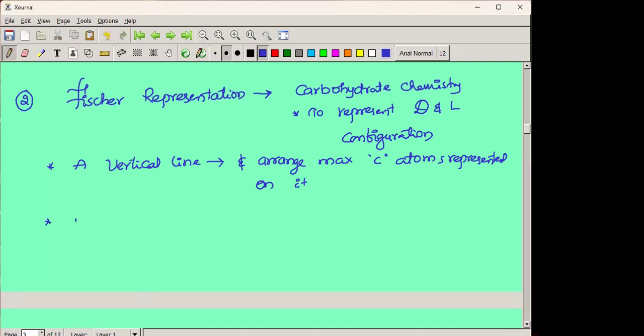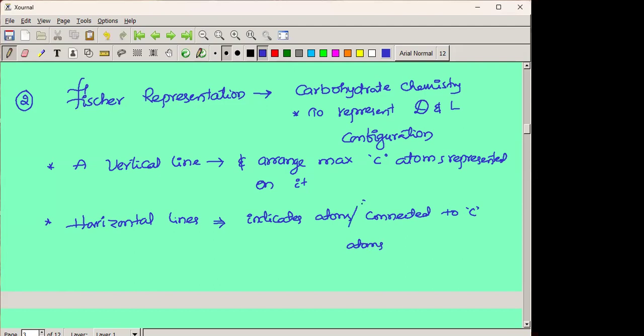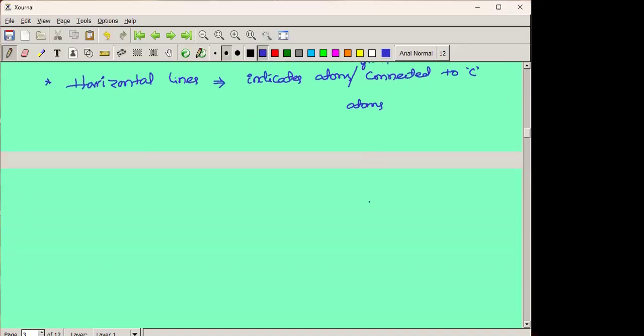The horizontal lines indicate atoms or groups which are connected to the carbon chain. So that type of representation is considered the Fischer representation.